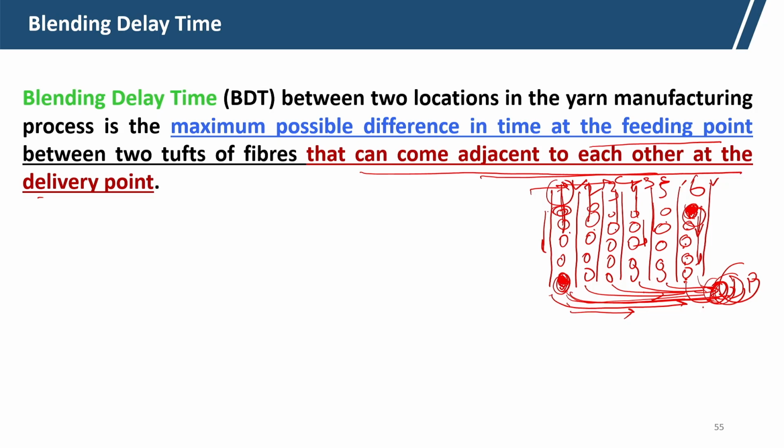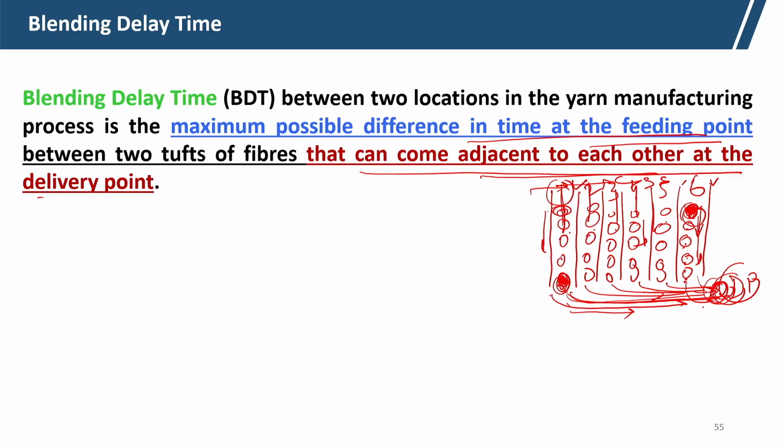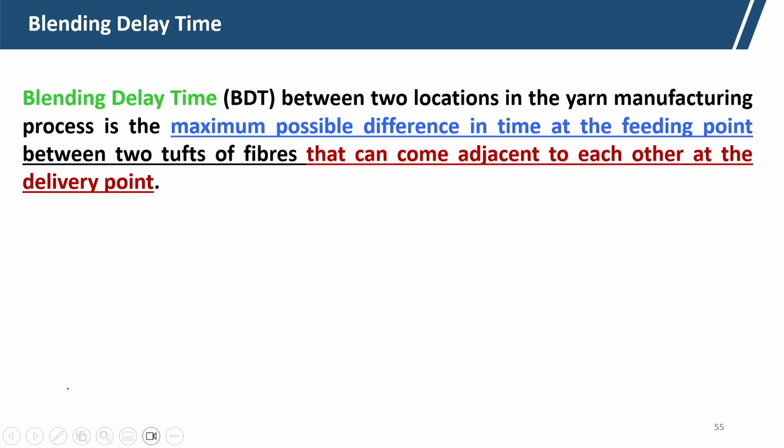So, the difference in feeding time, that we will calculate. This is important because it will give intimate blending. So, this fiber is blending with this fiber, coming together. The higher the blending delay time, the better the blending, the chances of blending of different components.